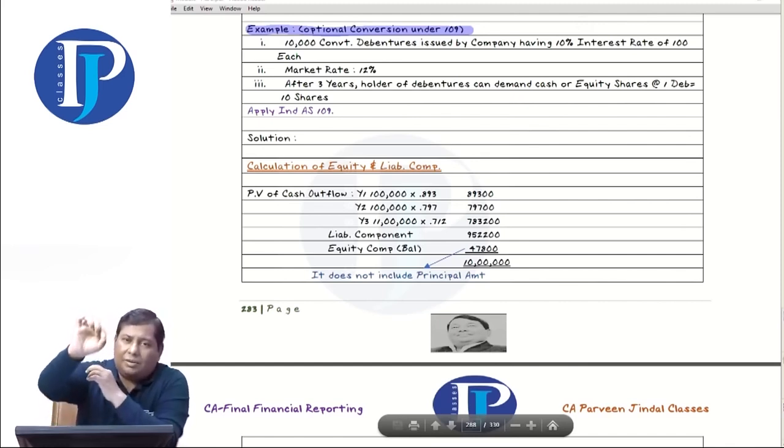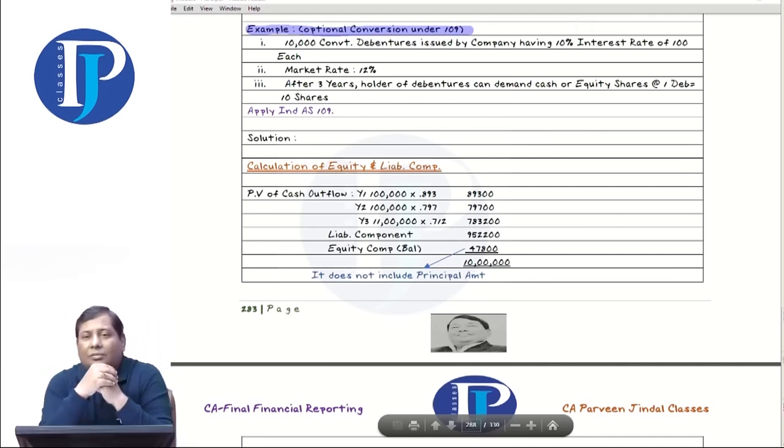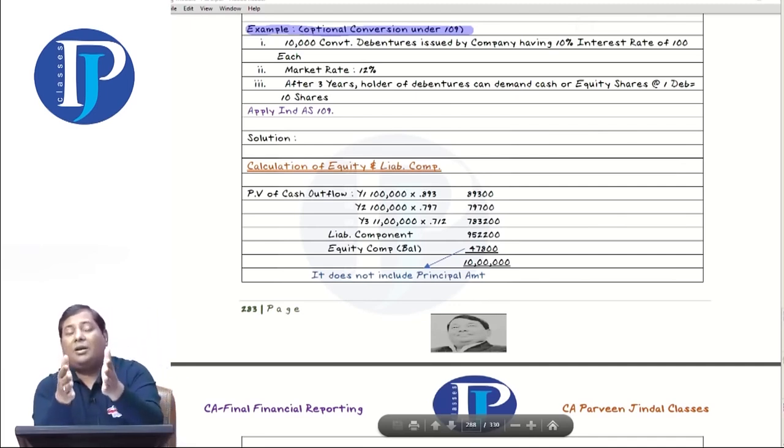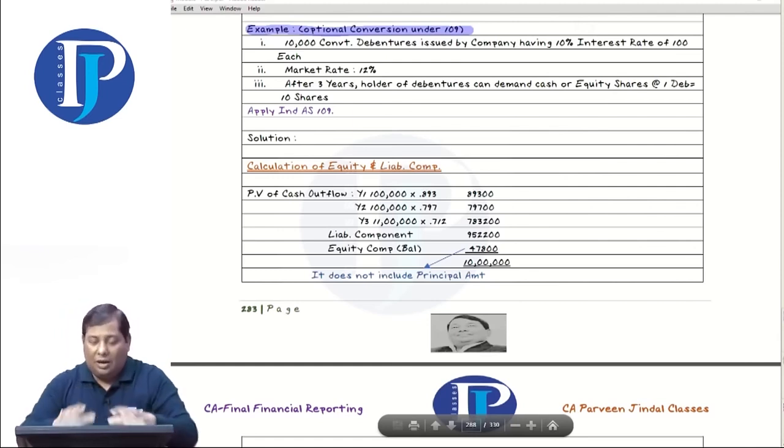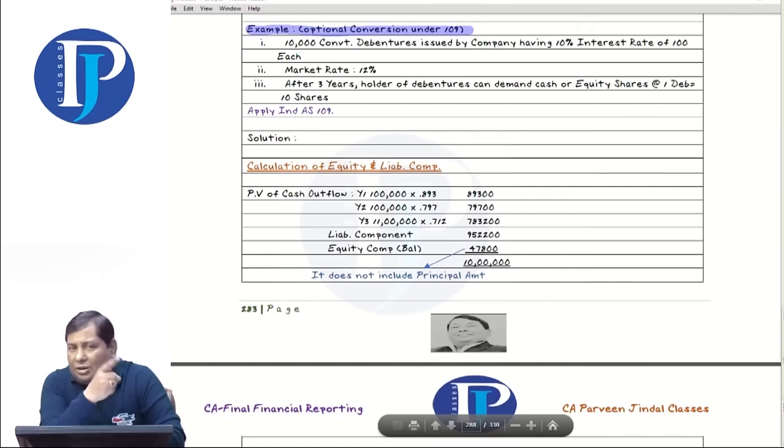Savings in interest, net of tax. So the interest that is in your current year's P&L, all of that will be saved. Suppose if I convert my convertible debentures today only, that will save my interest. So the interest that is in your P&L, that is your savings net of tax.